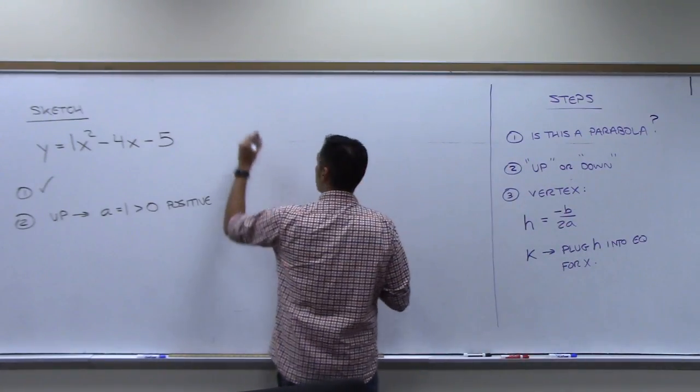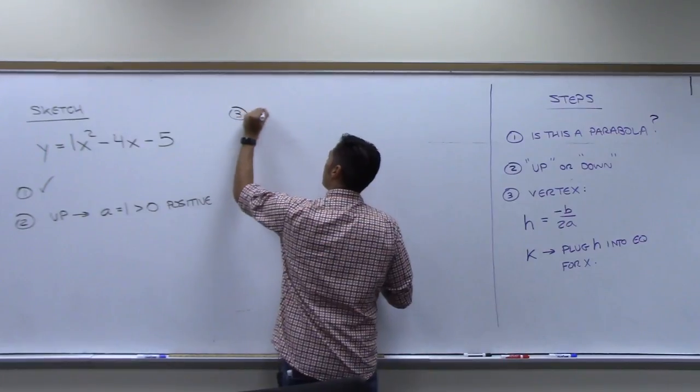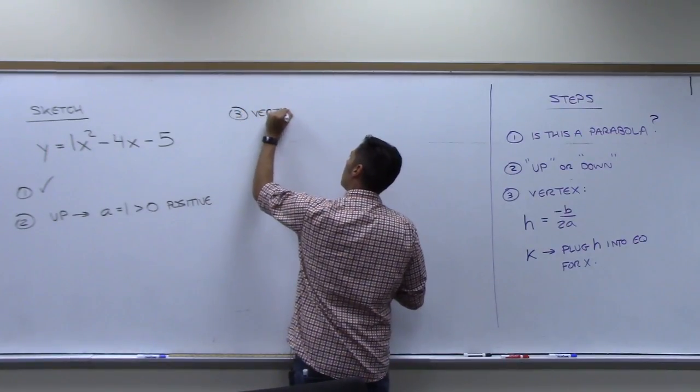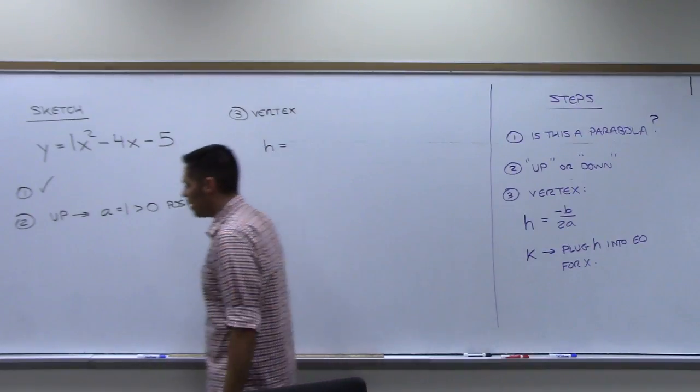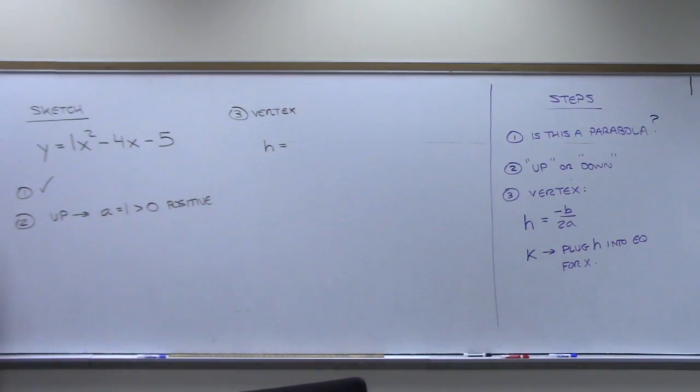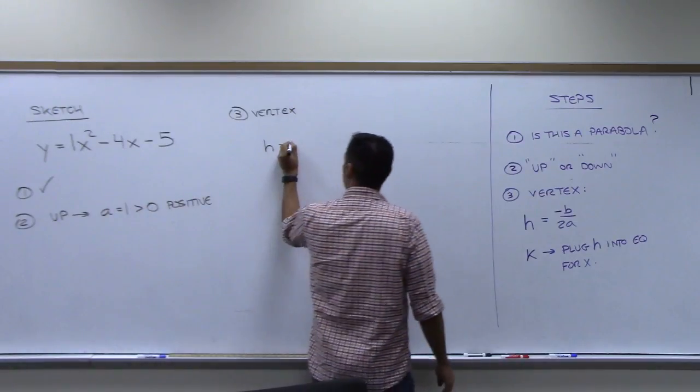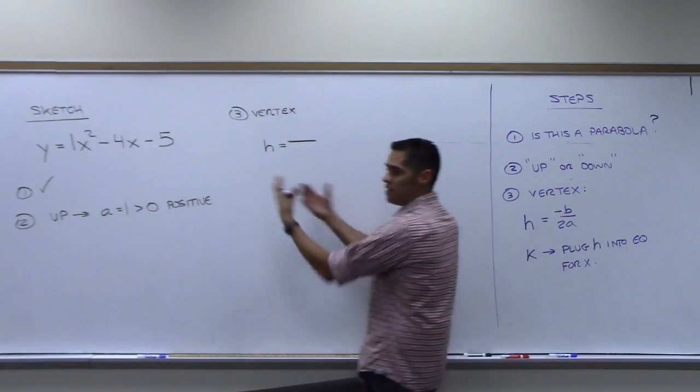I'm going to do step 3, vertex. h will be, all right, be very careful here, negative b divided by 2a. What is negative b for us in this problem?